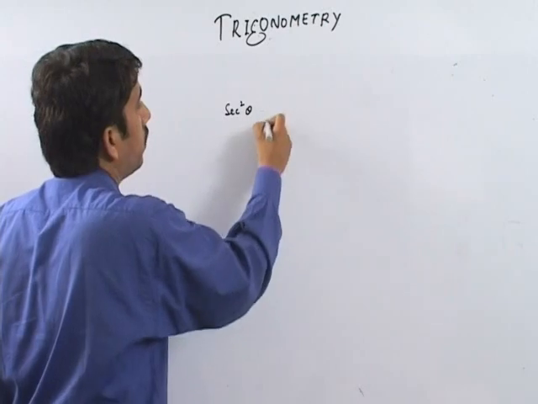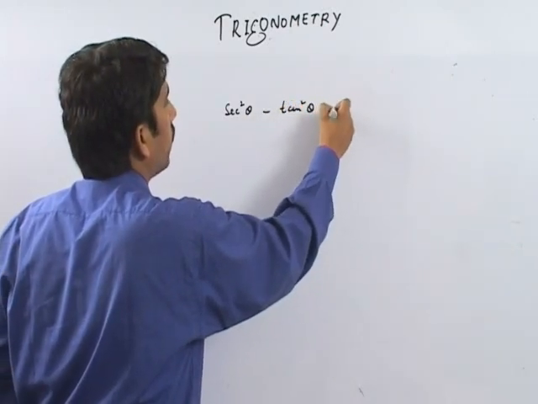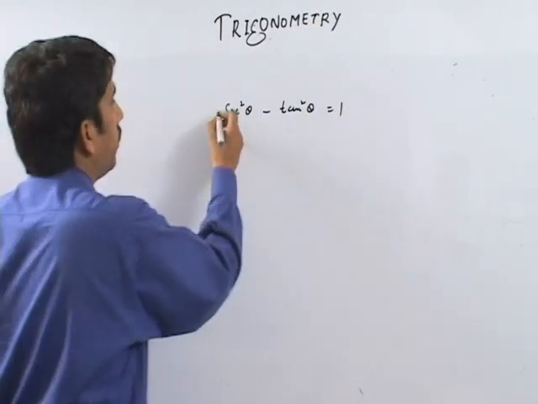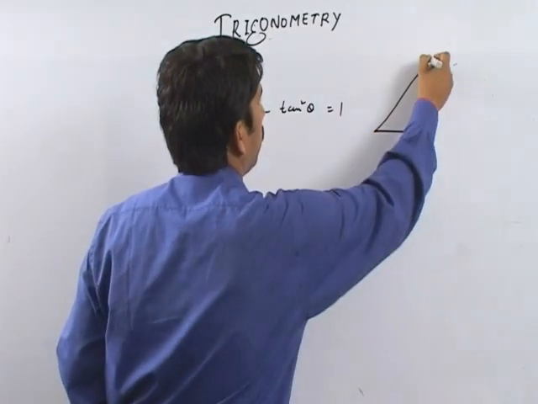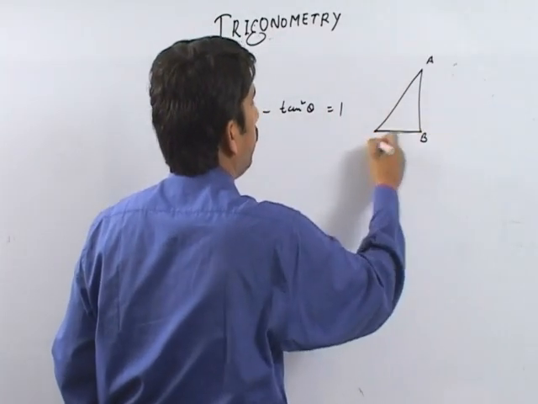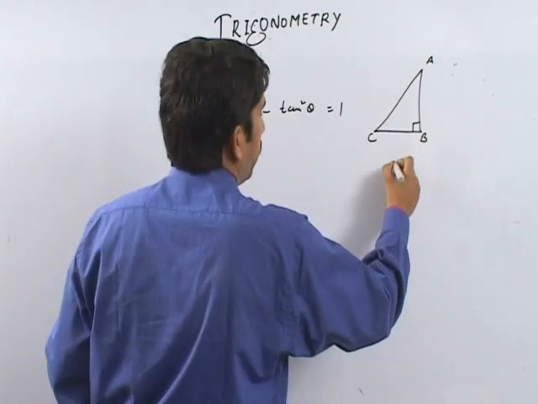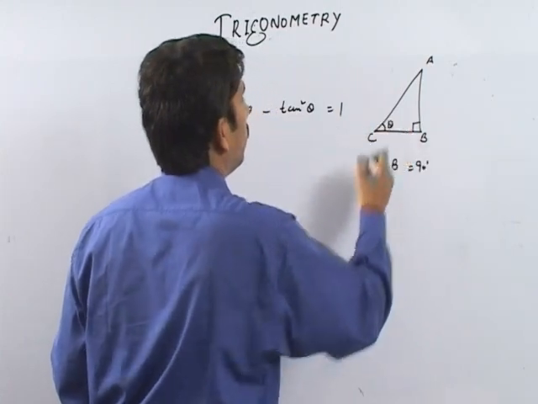Secant square theta minus tan square theta is equal to 1. If you want to prove this result, take a triangle A, B, C, again with the right angle at angle B, and this angle is theta.